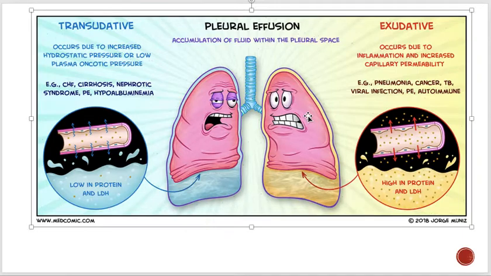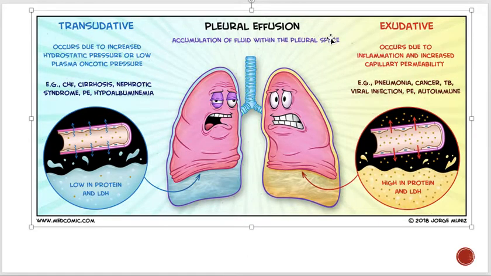In healthy people, there is a very small amount of fluid, but in pathological states, excess fluid can accumulate, which will lead to pleural effusion, accumulation of fluid within the pleural space.